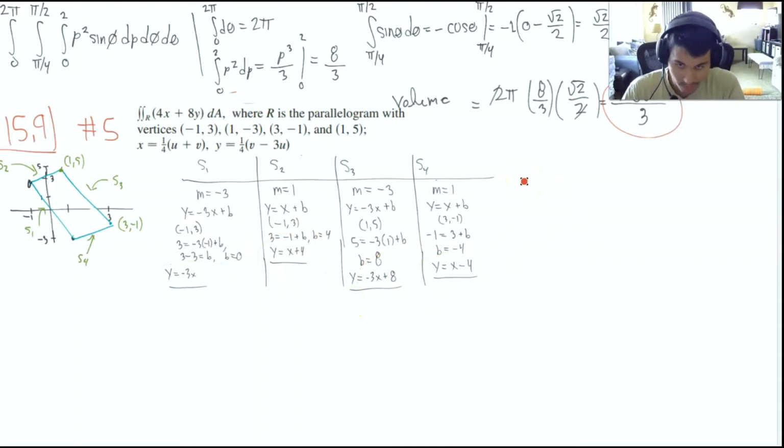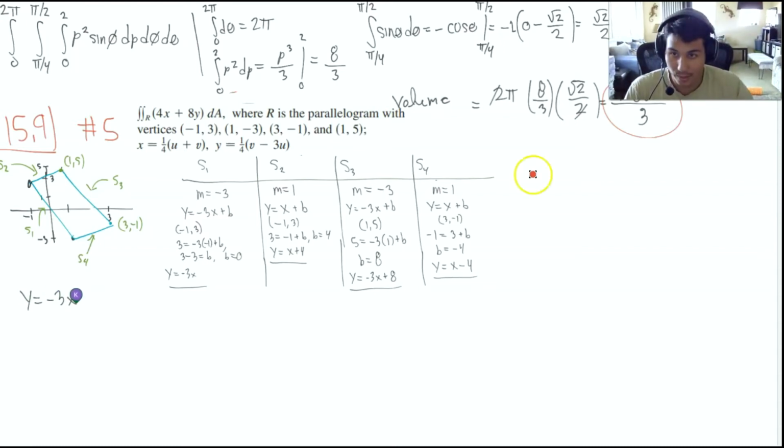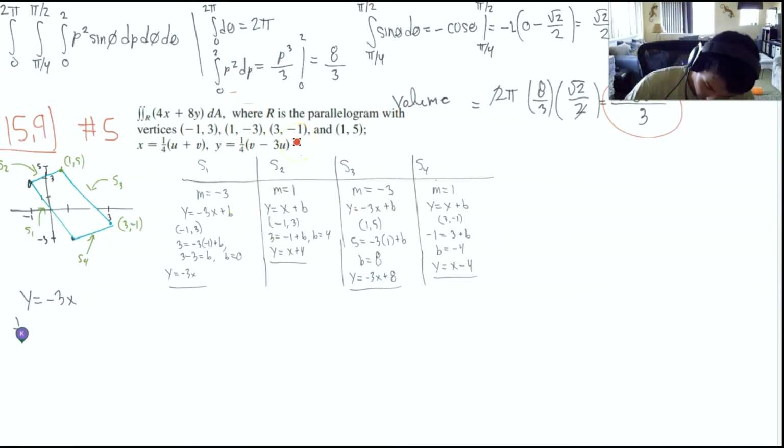I did have to shrink everything to make some space. So we'll say for y is equal to negative 3x. What does that turn into? Well, y is equal to 1/4 v minus 3u. And this is negative 3. And what's x equal to? Negative 3/4 u plus v.